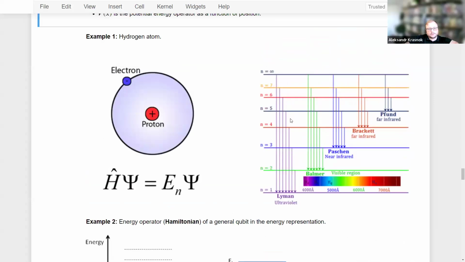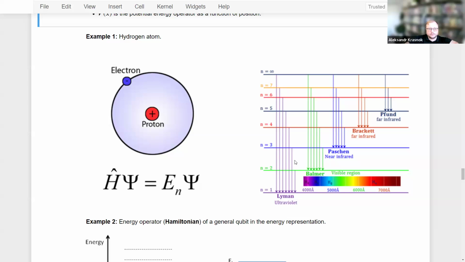Solving this equation, you will find the solution for different states of the electron and for different orbitals in the system.